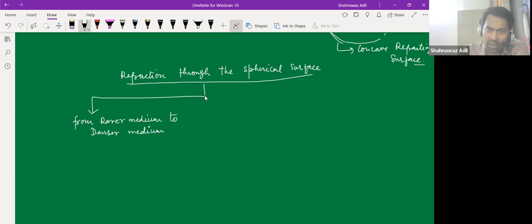And then you can have this from denser medium to rarer medium.